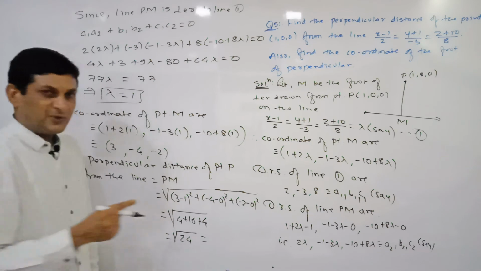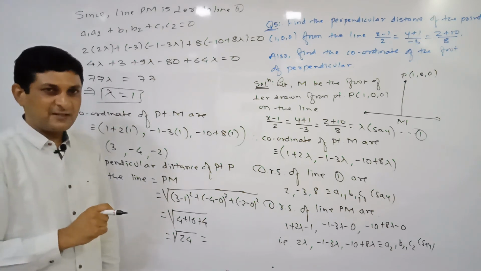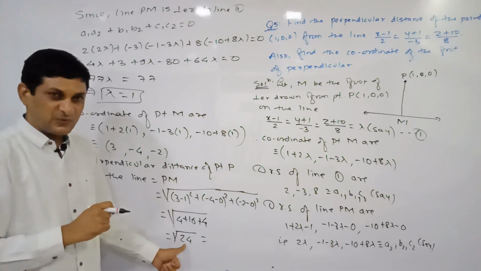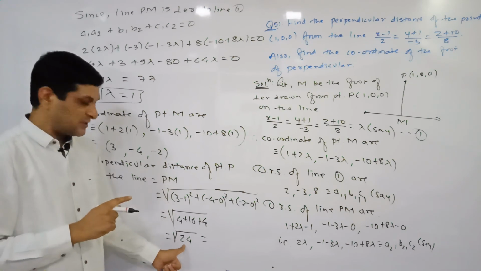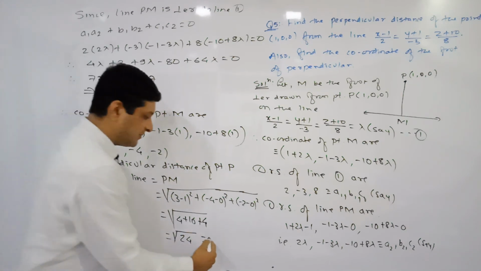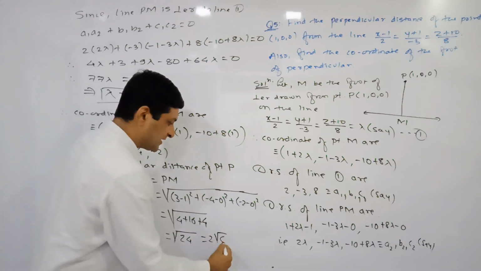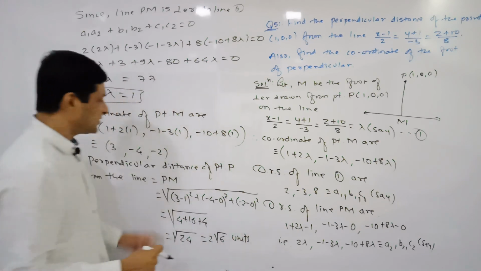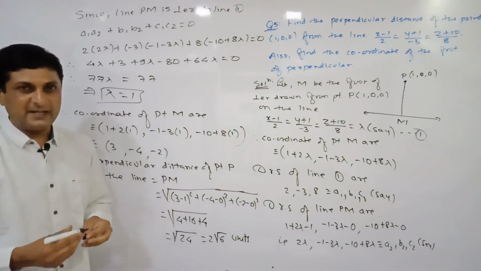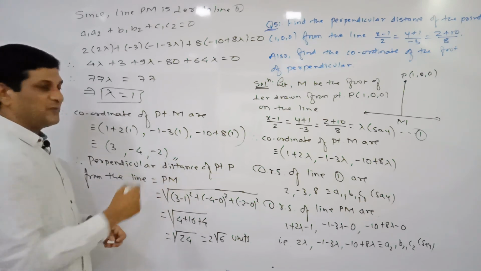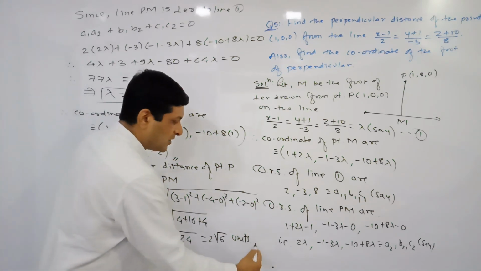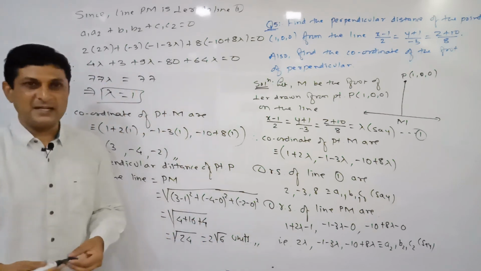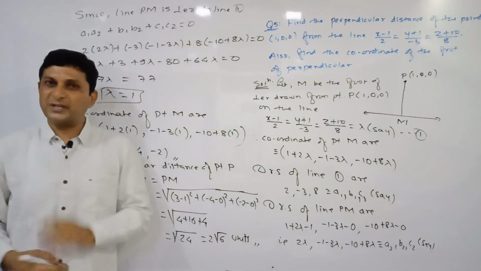But 24 is the multiple of which perfect square? 2, means square of 2 is 4. So 24 can be written as 4 into 6. 4 outside the root will become 2. So 2 root 6 units will be the perpendicular distance of the point from the line. And here we have got the coordinate of foot of perpendicular, and here we have got the distance of a point from the line. In this way we have got both our required values.